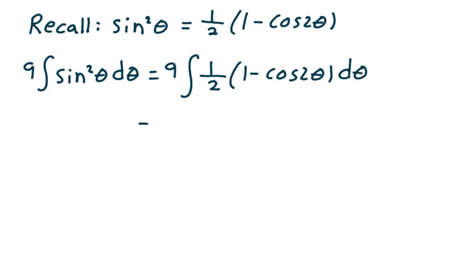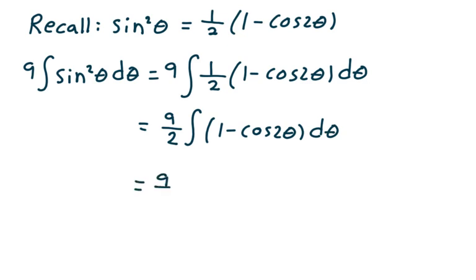I'm going to pull the 1/2 out in front as well, and that makes 9/2. So I get 9/2 the integral of 1 minus cosine of 2 theta d theta. And so this is 9/2 times the quantity theta minus 1/2 sine 2 theta plus c.